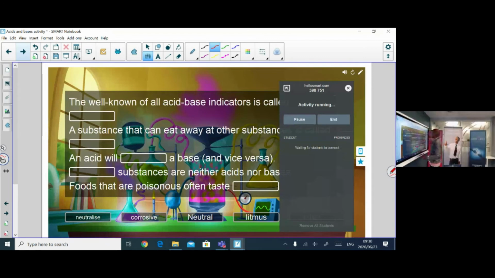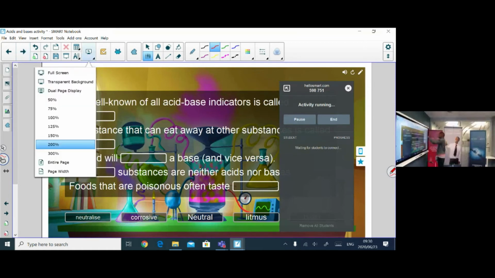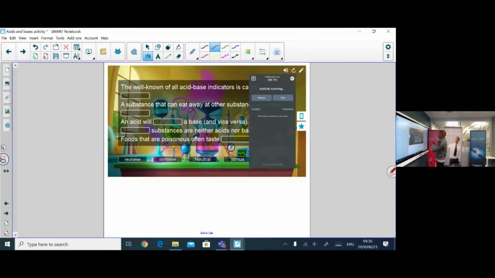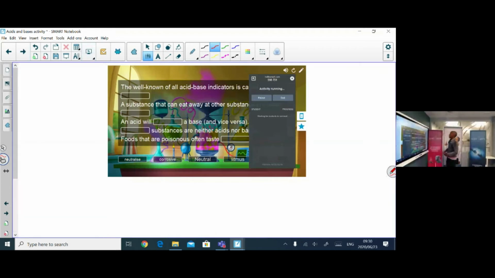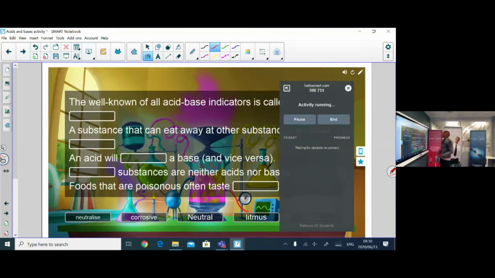So the question on the board reads: the well-known of all acid-base indicators is what? We have options below and we need to fill in the blanks.